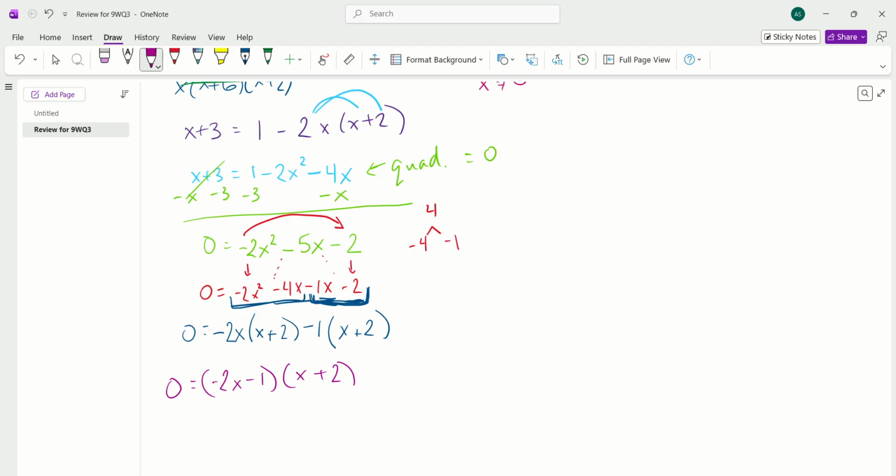Okay. Now, to solve from this point, what you need to do is set both factors equal to 0. So I'm going to take this first factor, 0 equals negative 2x minus 1, and I'm going to take this factor and set it equal to 0. 0 equals x plus 2.